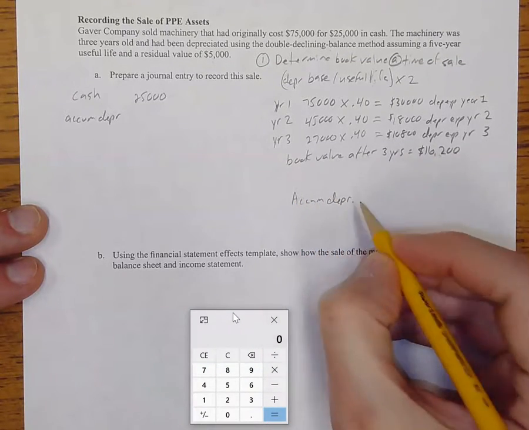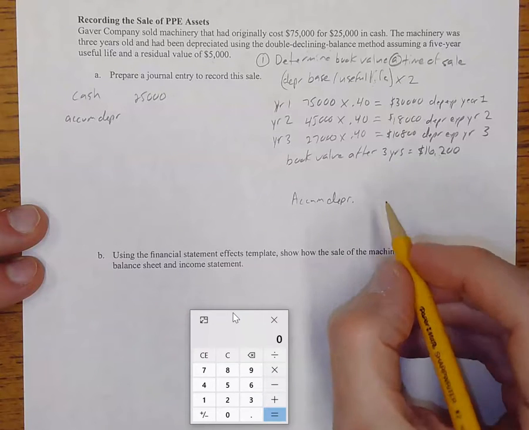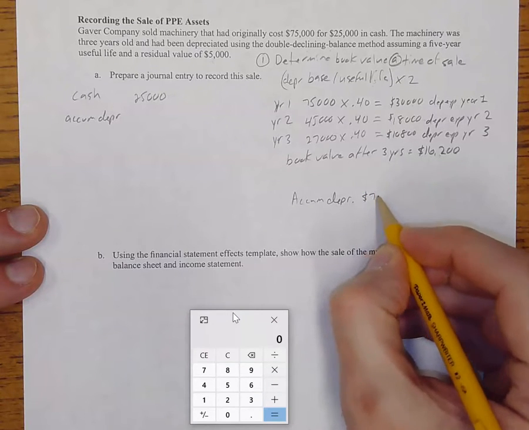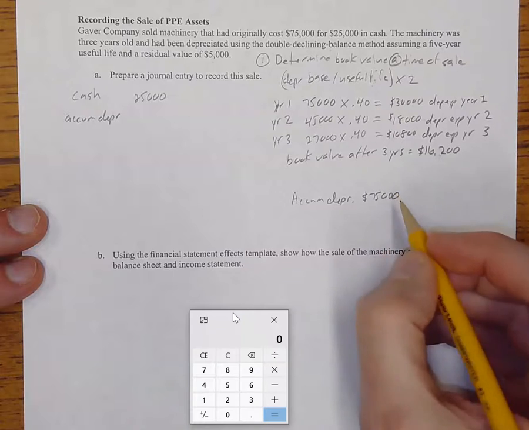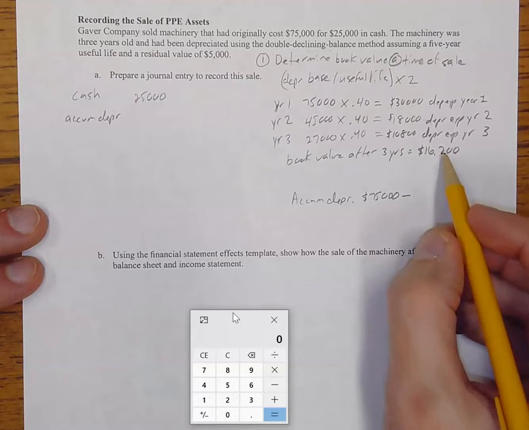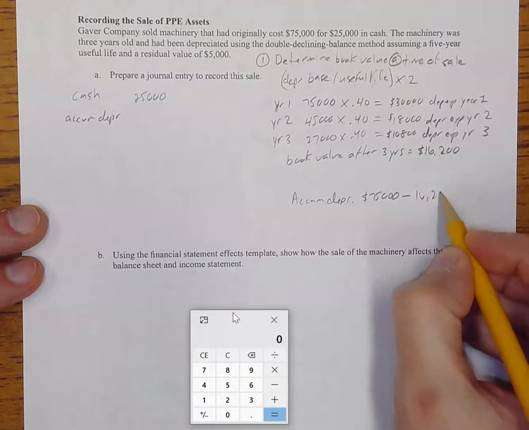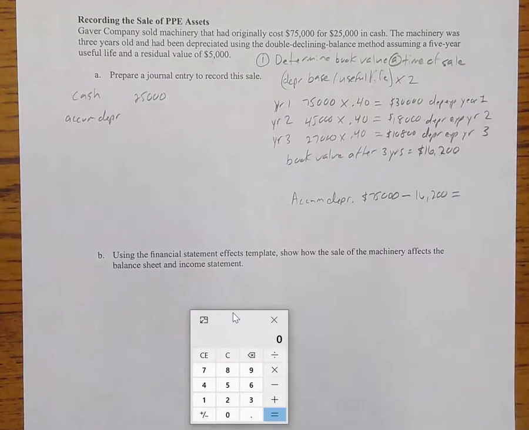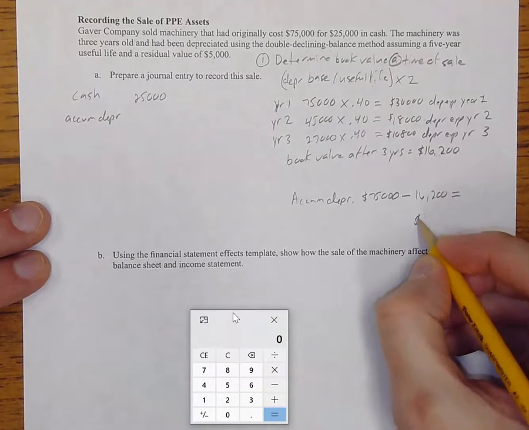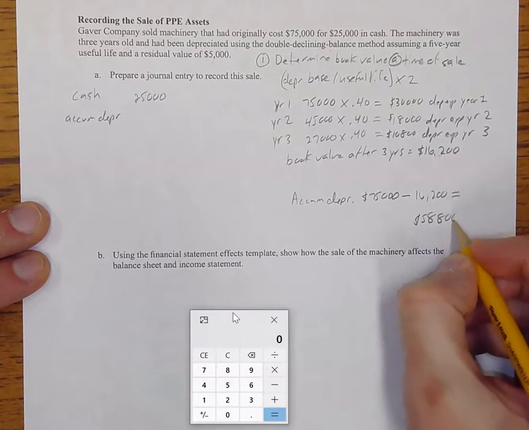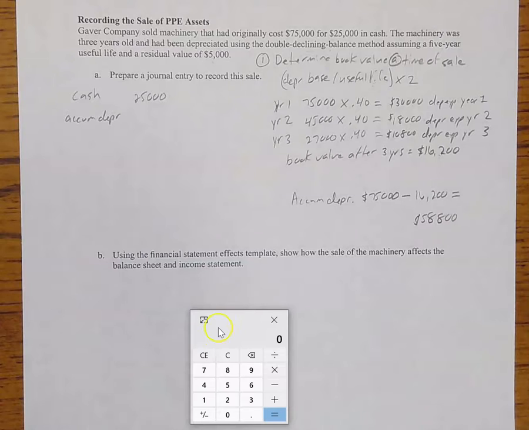Since we're just dealing with one asset, all we have to do is say, okay, our cost of $75,000 minus current book value equals accumulated depreciation, and I believe if we do that it will come out to $58,800. You know what? Let's not be sloppy. Let's go ahead and use the calculator.